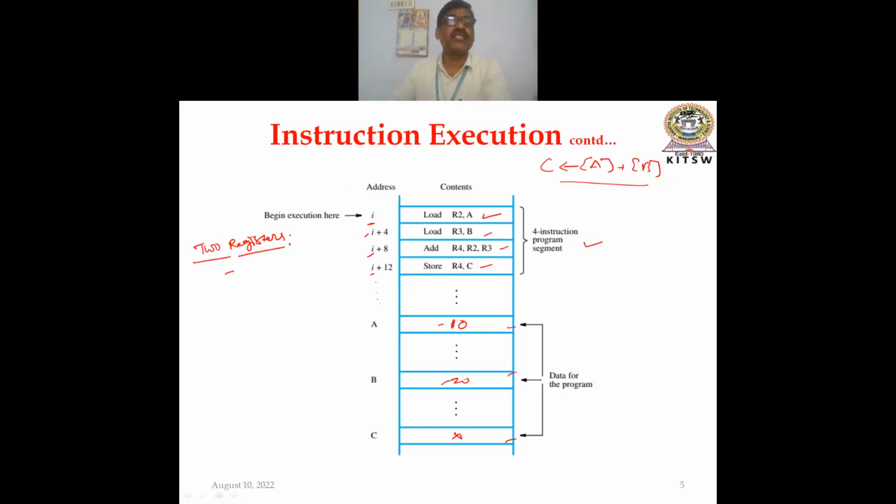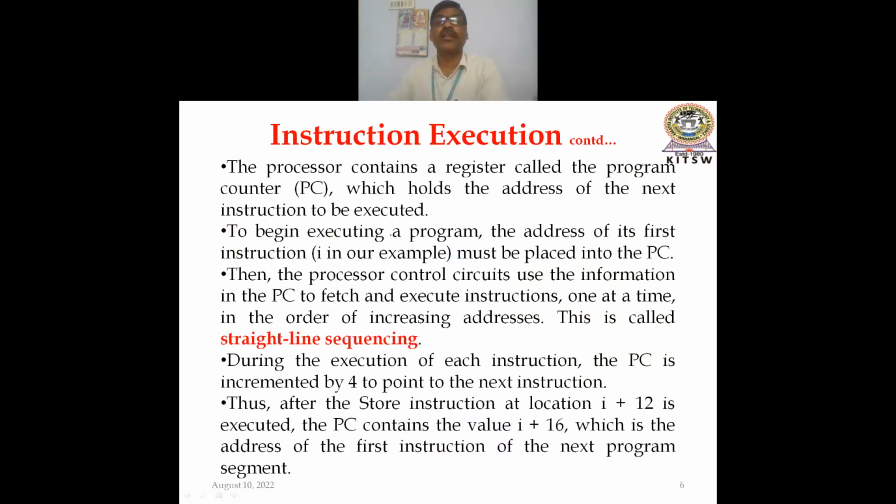The two important registers which we make use of in instruction execution are, one, the program counter register, called the PC register, and another, the IR, the instruction register. These are the two important registers that we use when executing this program segment.